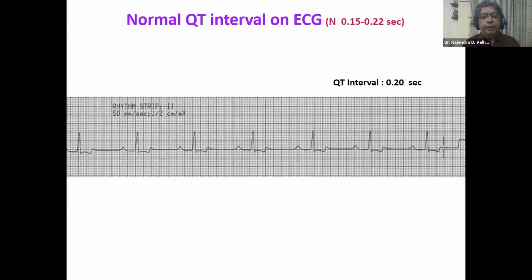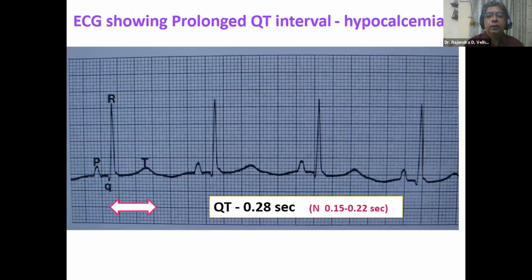Now, in this particular slide, you can see the QT interval is normal. If you measure it, it's 0.20 seconds. So this is a normal QT interval for a dog. In this particular ECG, you can see there is hypocalcemia, and therefore there is a prolongation of the QT interval.